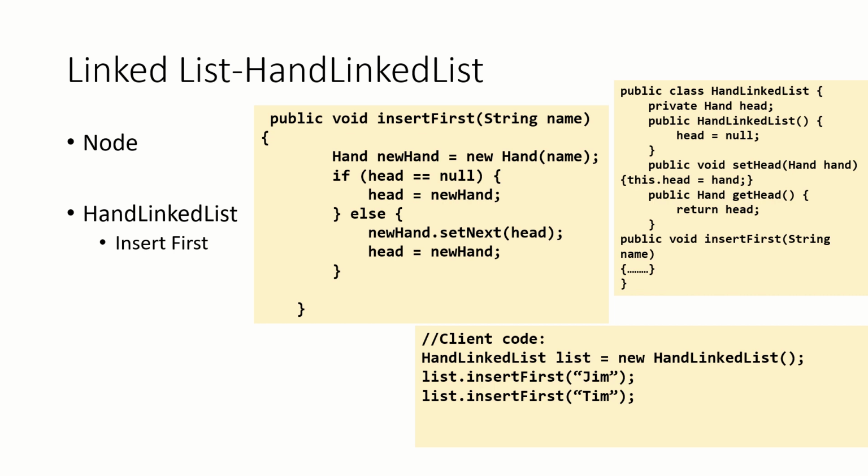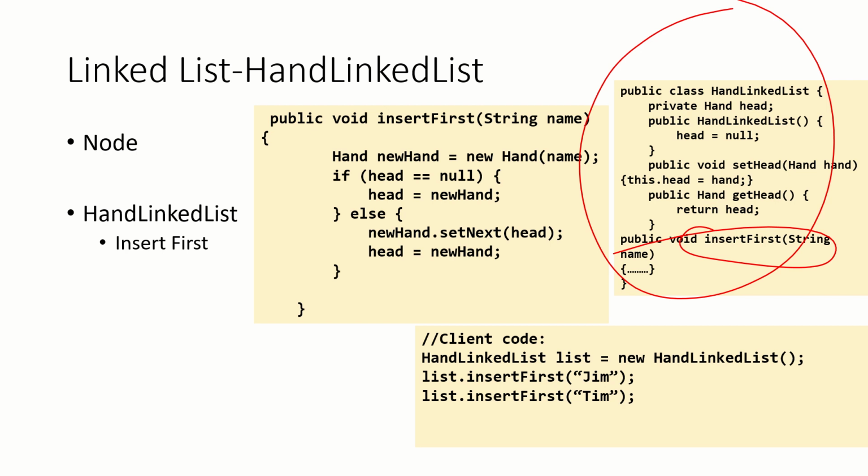Then we're trying to test the code. Okay? Test the code. So in this code, we have linked list class, right? And in the linked list class, we have a method. It's called insert first. Okay? So I just zoom out this one in here.